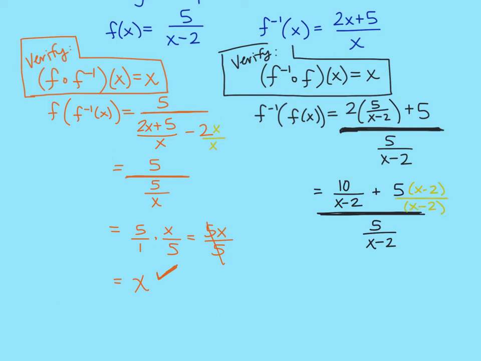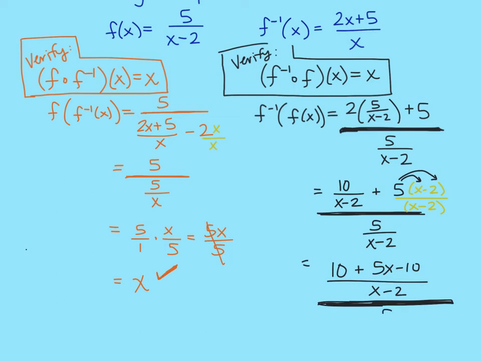Then we can rewrite that overall numerator, and we'll have 10 plus 5x minus 10 all over x minus 2, and that's the entire numerator. Then divided by, we'll make that a darker fraction bar, 5 over x minus 2.